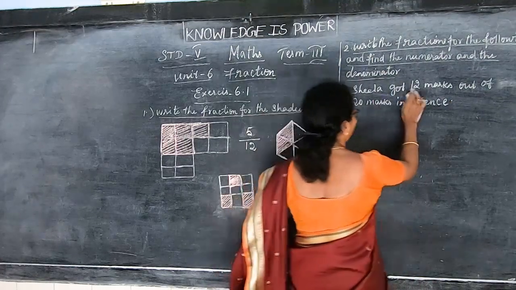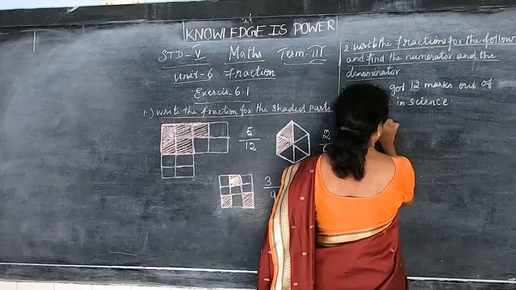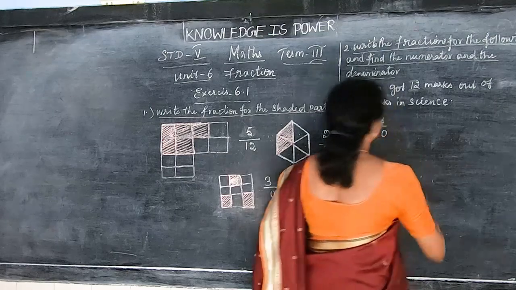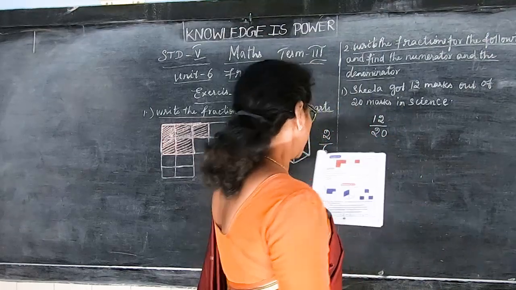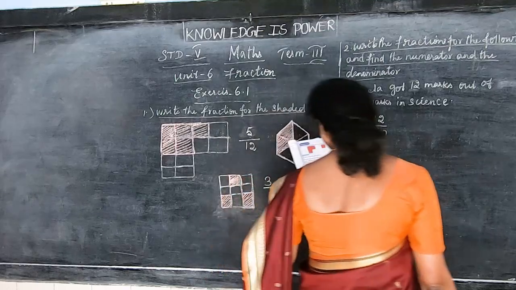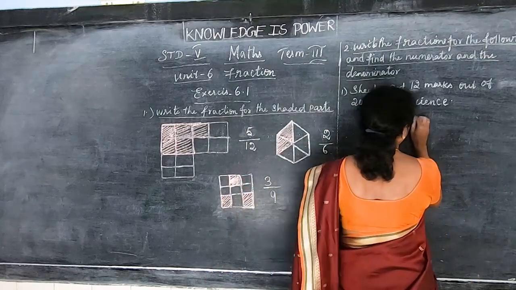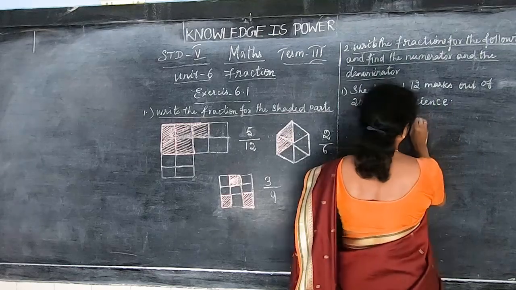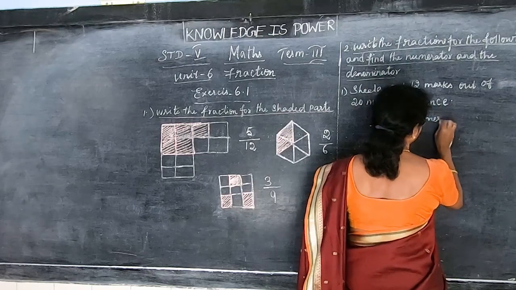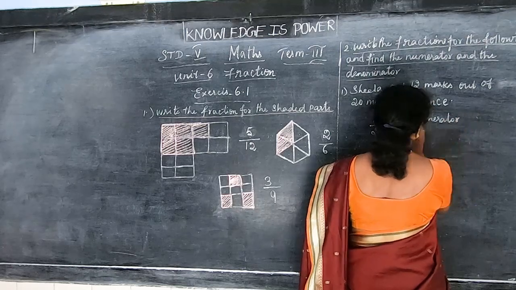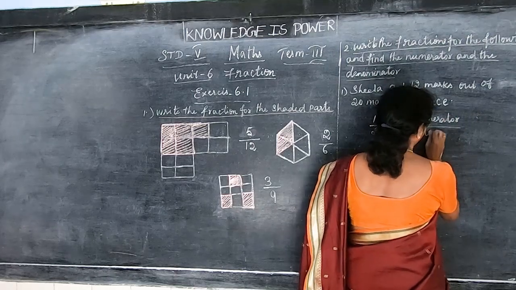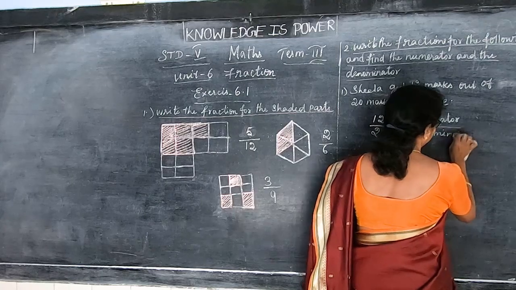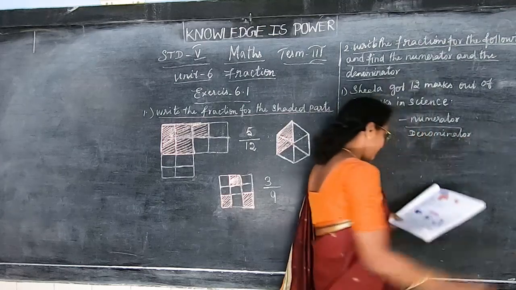So she got 12 out of 20, so 12 by 20 is the mark. And then we have to find the numerator and the denominator. Which is the numerator? 12 is the numerator and this is the denominator. Like this, you have to write for each and every sum.